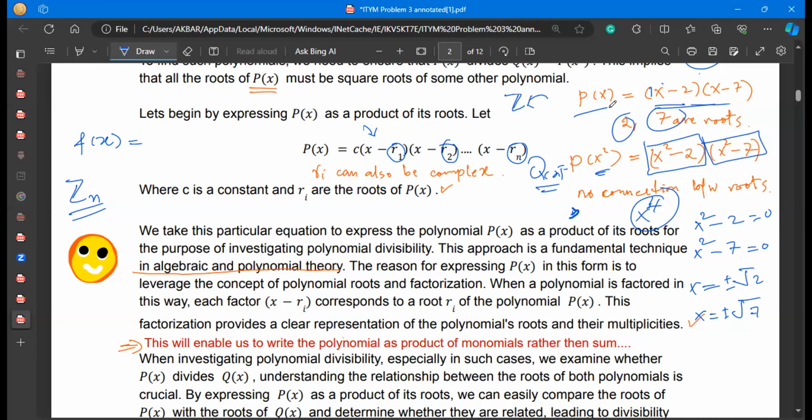And then I can write the product notation, or this notation here, if all the roots are in Z. So the first thing that changes from P of x to P of x square is that the roots have changed the field. Now they are real roots in this case. And the set of real numbers is much bigger. Both are infinite, but this is a bigger infinity than the numbers in Z.